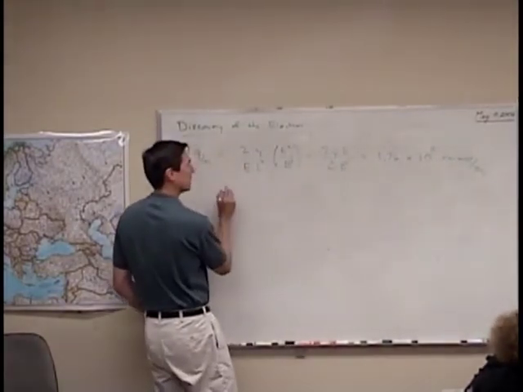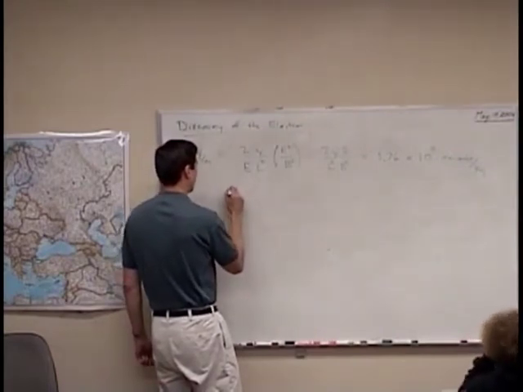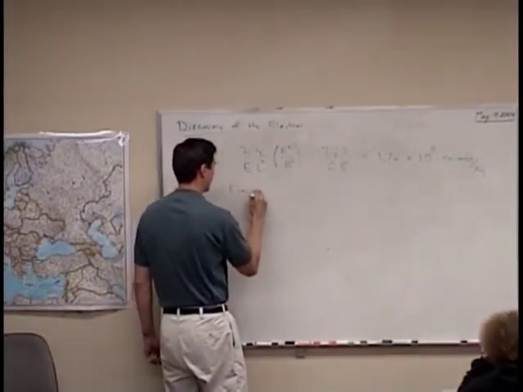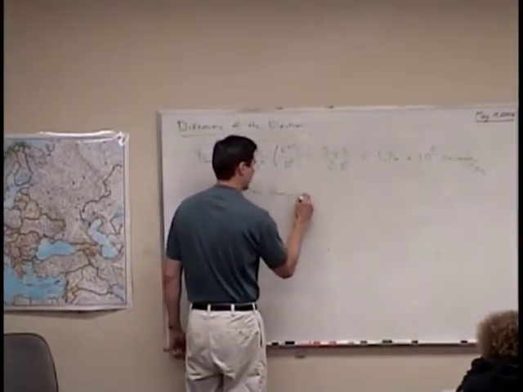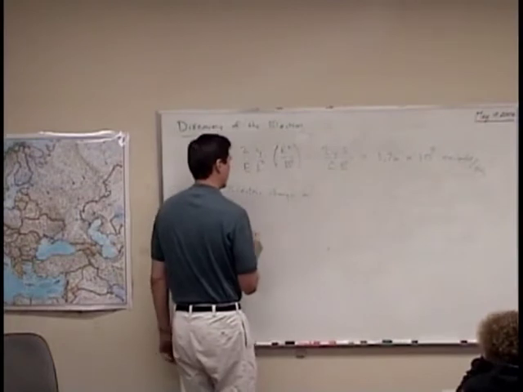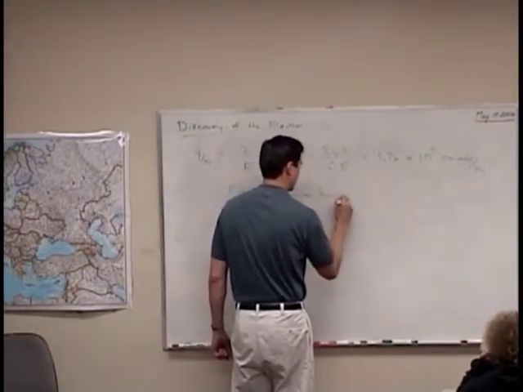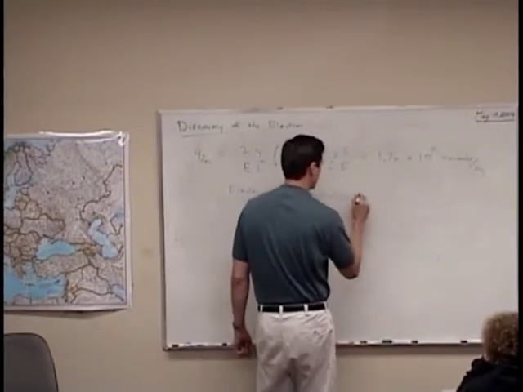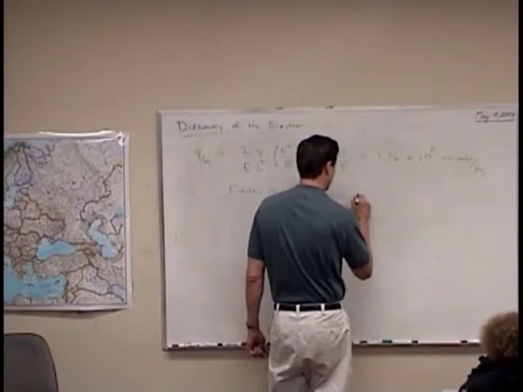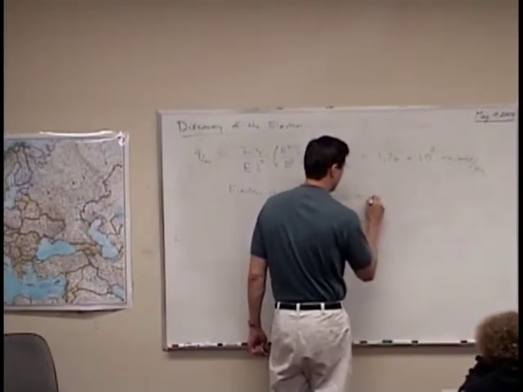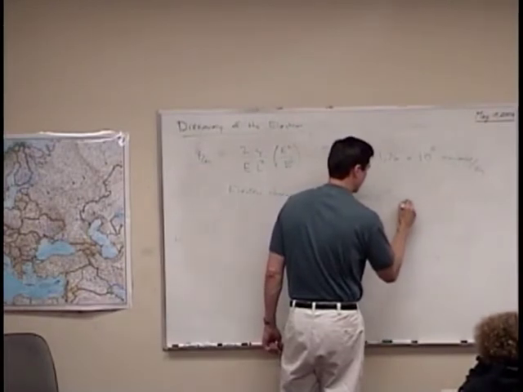So let's say the electric charge on a balloon that you get a good spark off of is about equal to 10 to the -7th coulombs.